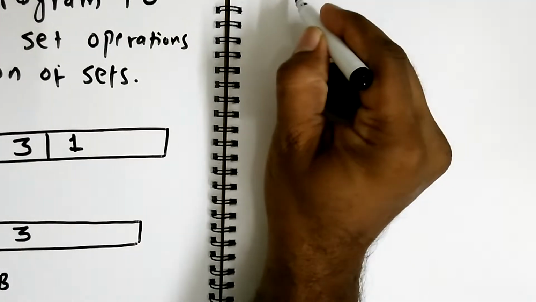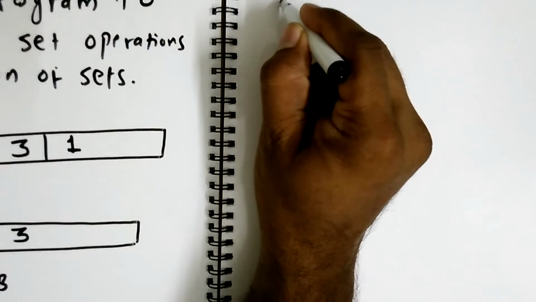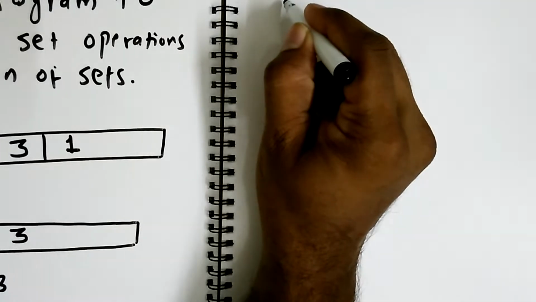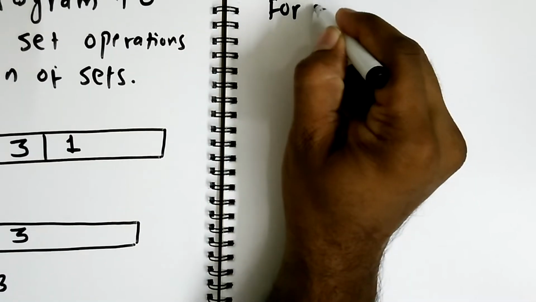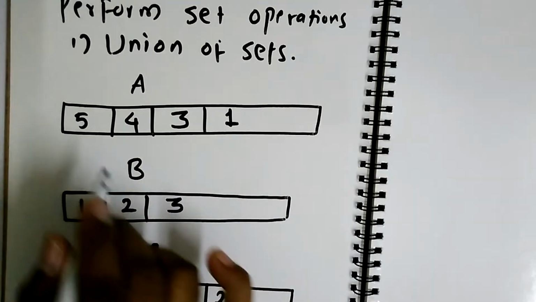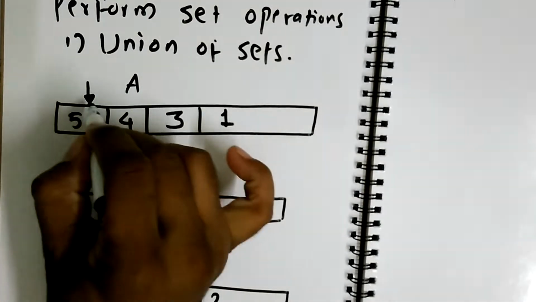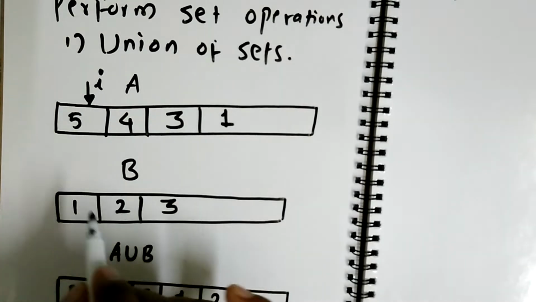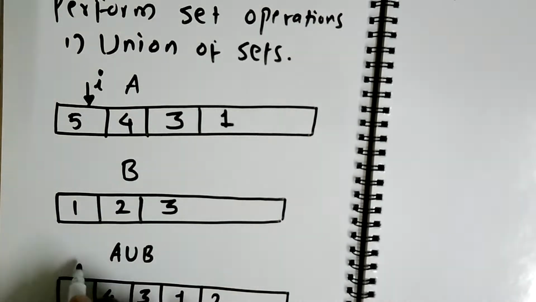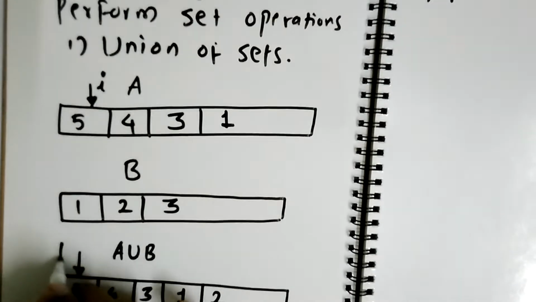So what I'm doing is first copying all the elements from A to A union B. For this, I'll take a variable i, which will help me in copying elements from A to A union B, and a variable k here.